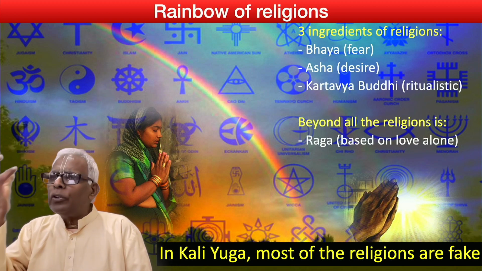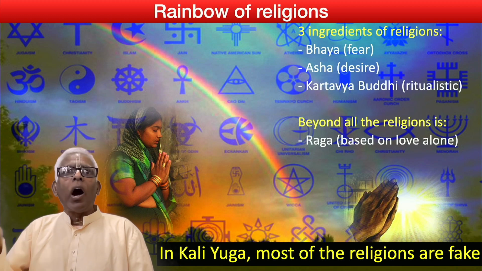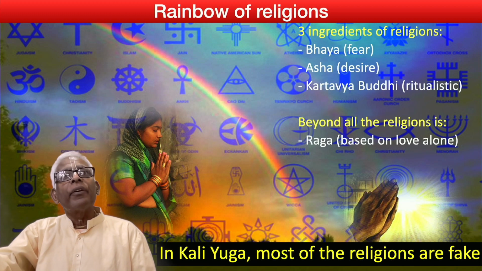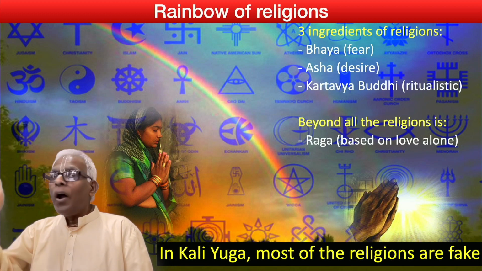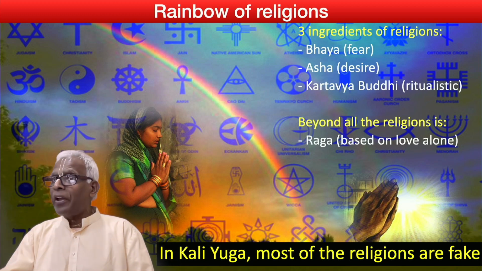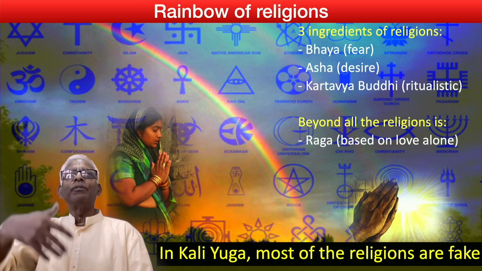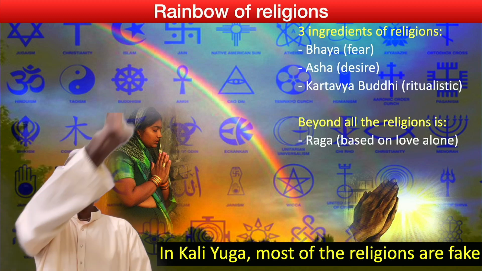It's like RGB, red, green, blue, out of which you can create so many colors. So Bhaya, fear of God, fear of hell. Asha, desire, I want this, I want to enjoy, these are the desire, Asha. And then Kartavya Buddhi, rituals. Right? These are the 3 things. You mix in any combination, you get a religion.